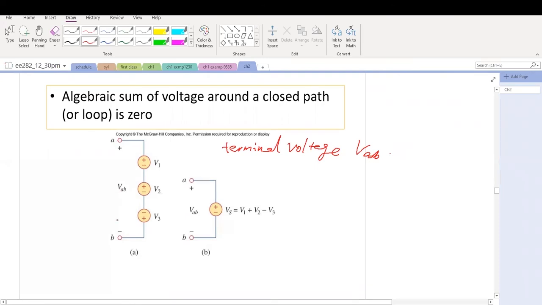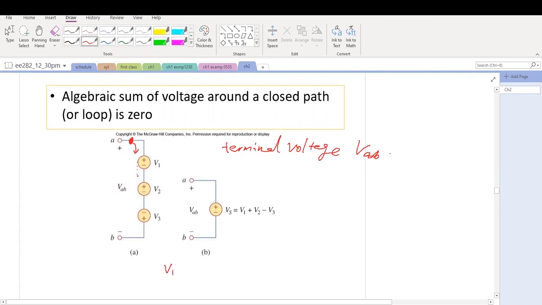Imagine there's a voltage here between A and B. I will apply KVL. I start walking at this point, in this direction, clockwise. First of all, here I encounter V1, that's positive.